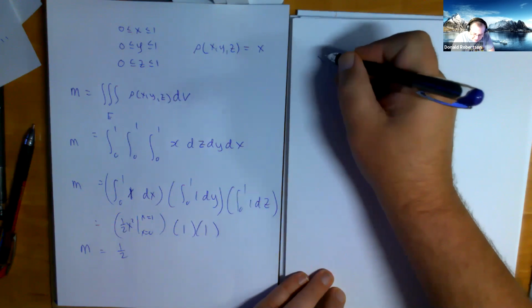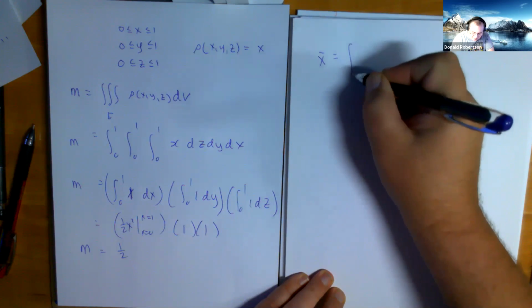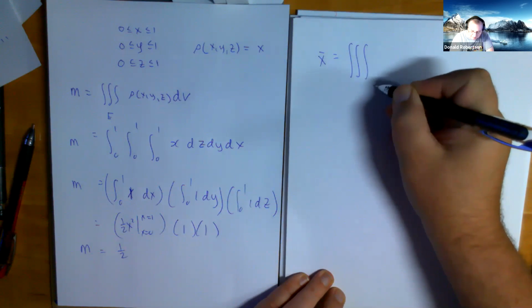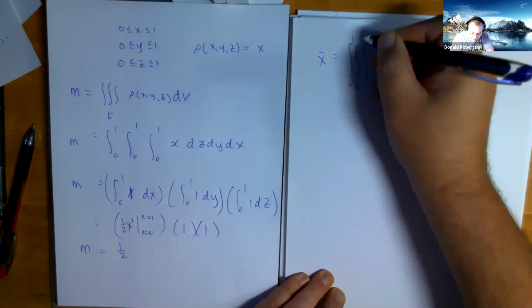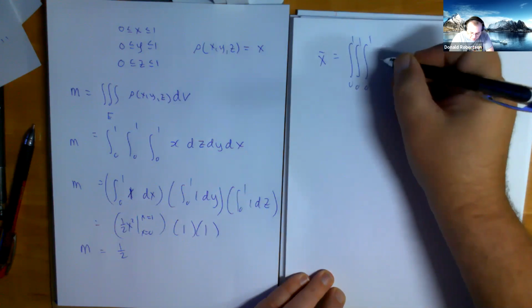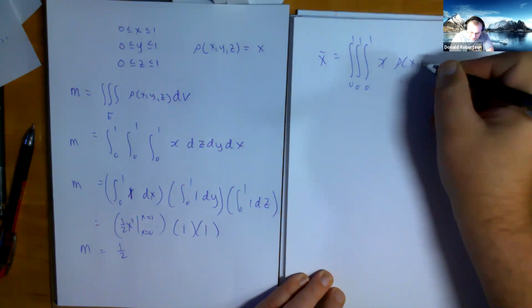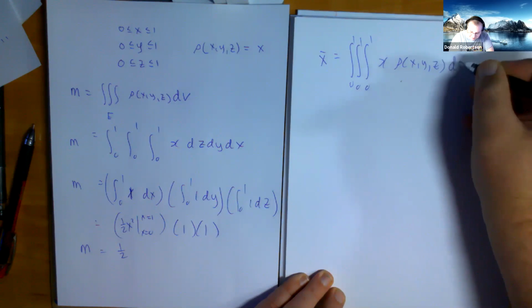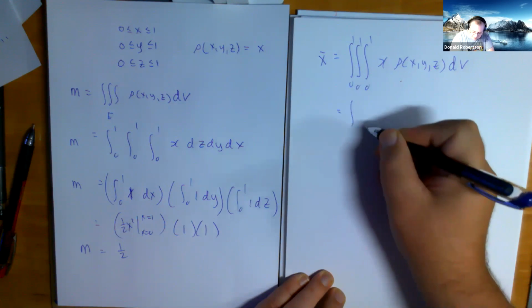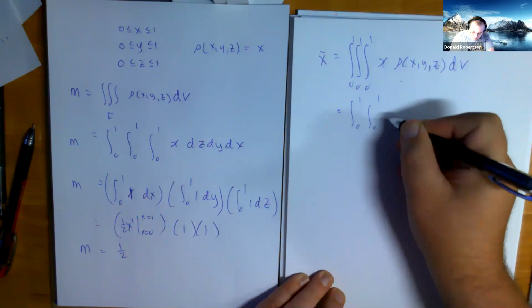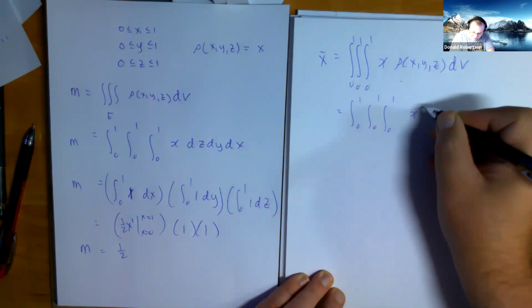Right, let's find x bar. Well, it's the triple integral, so that's 0 to 1, 0 to 1, 0 to 1 of x times the density function, dV. So it's going to be 0 to 1, 0 to 1, 0 to 1 of x squared.